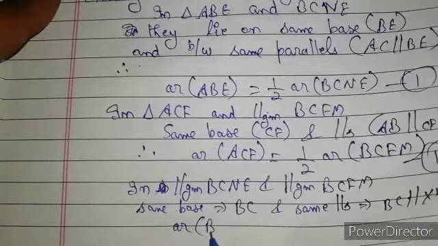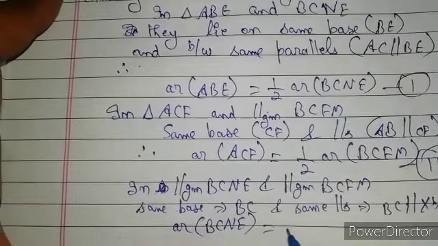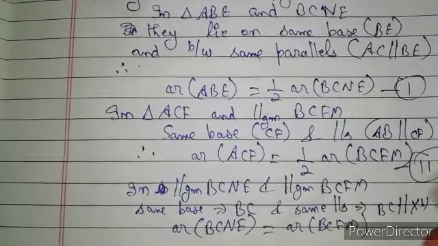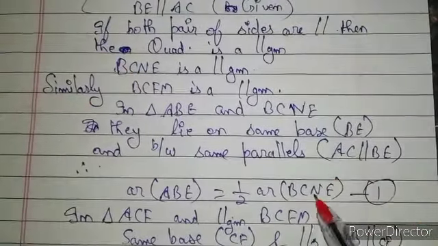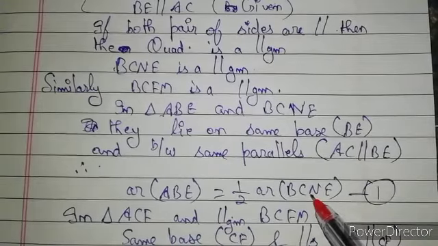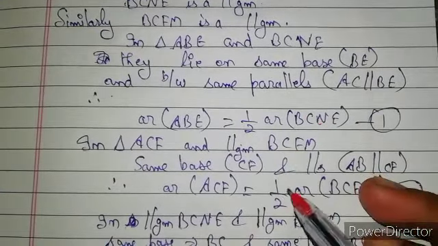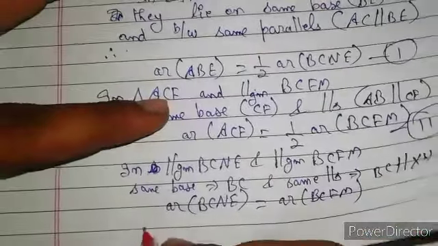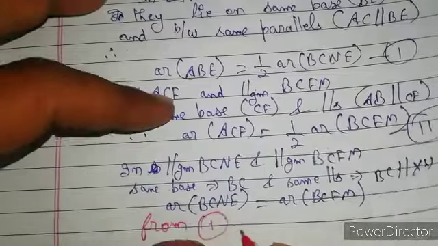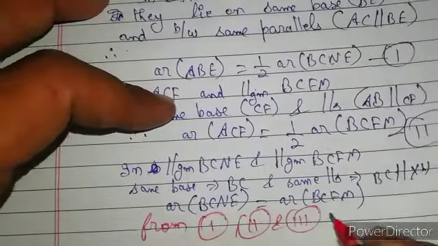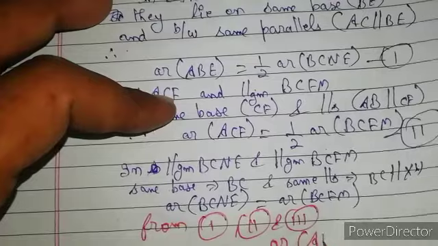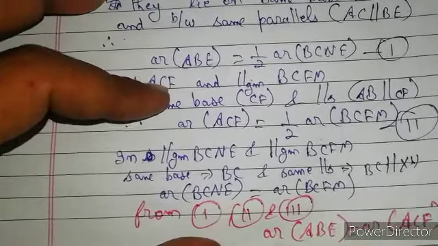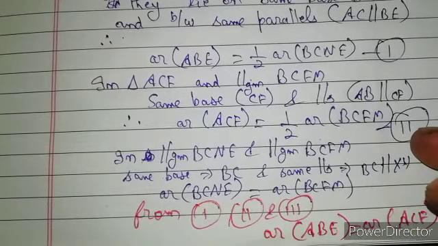So area of BCNE is equal to area of BCFM. Here, in place of BCNE we can write BCFM. Then both of them are equal to 1/2 of area of BCFM. Means from first, second and third, we can say that area of triangle ABE is equal to area of triangle ACF, and this is what we have to prove.